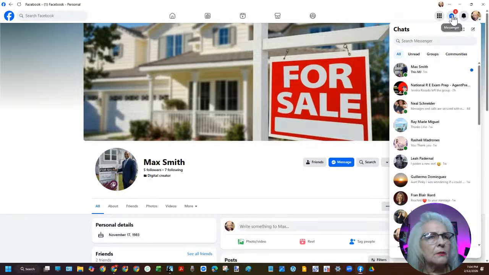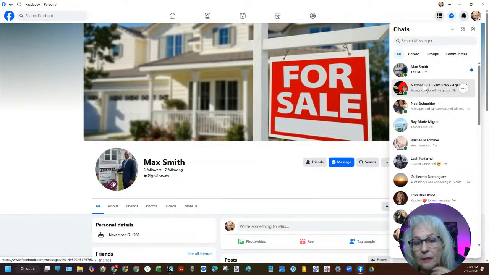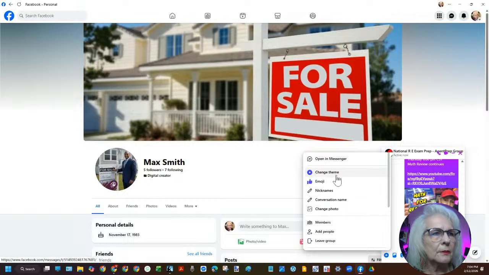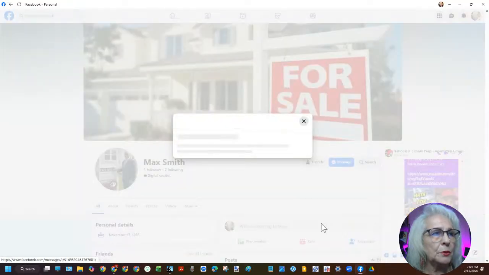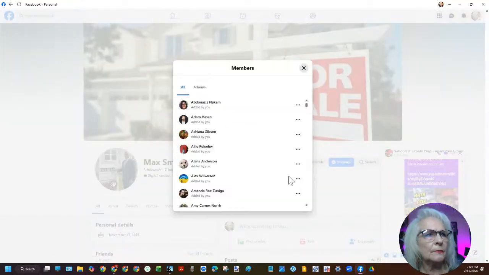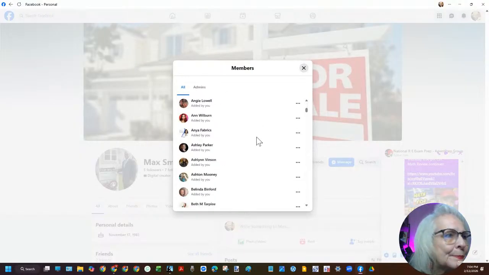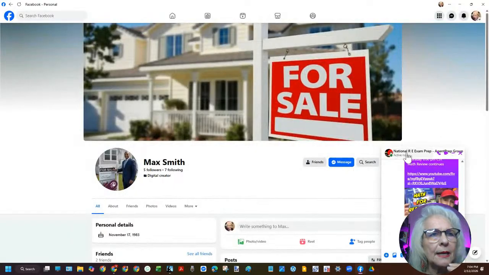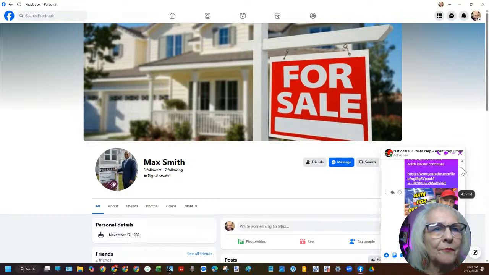Okay. So I can go to my national group here and add, see Max. Let's see here. Members. It takes time to do all this. Okay, I'll do it later because I'm trying to figure out, I keep forgetting.